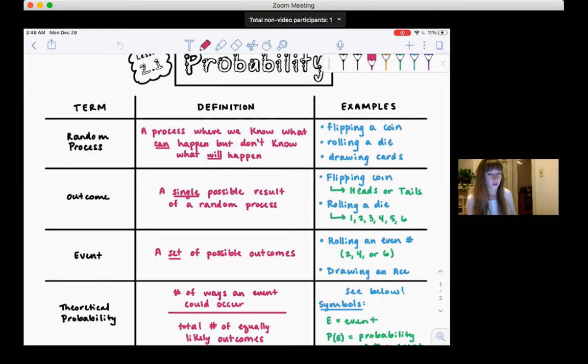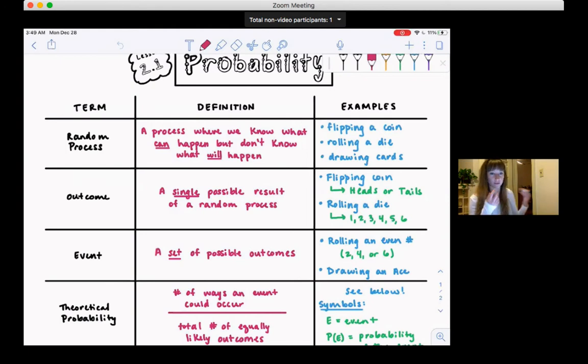Events are a little bit more complicated. Those are sets of possible outcomes. Rolling a die, each individual number is a single outcome, but say we want to know the probability of rolling an even number. That combines 3 outcomes. Rolling an even is the outcome of either 2, 4, or 6.